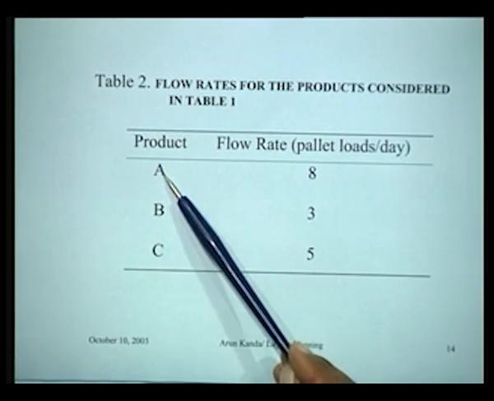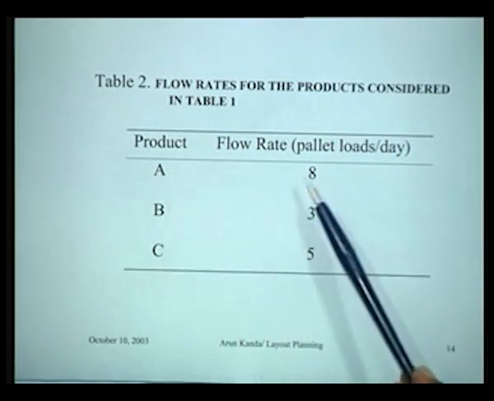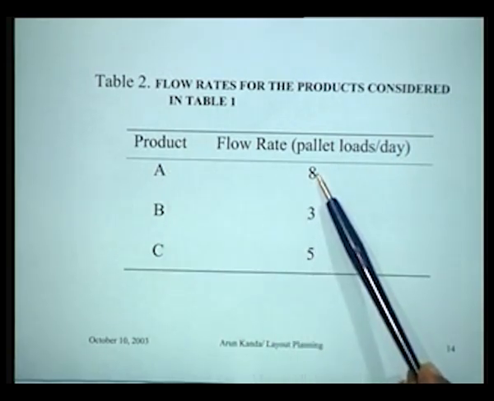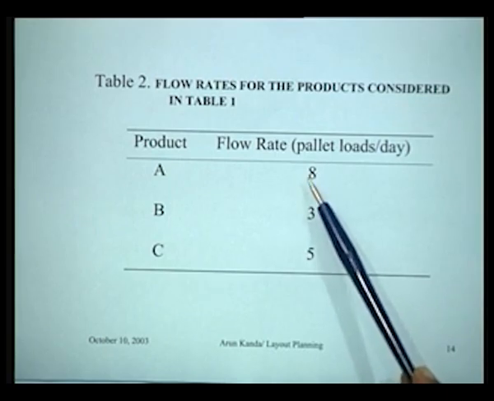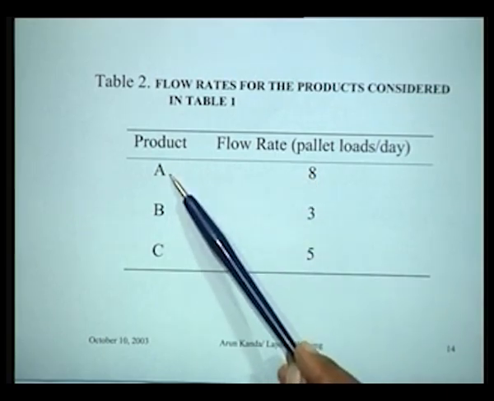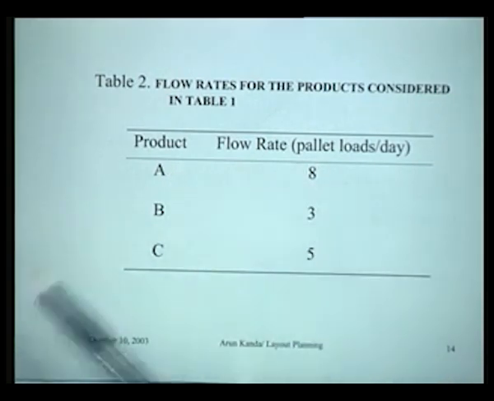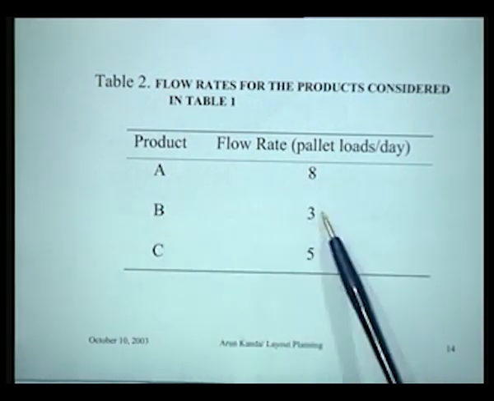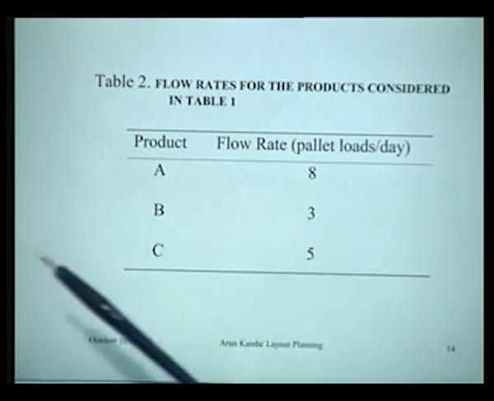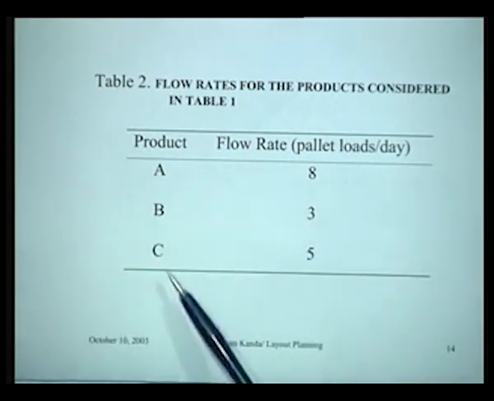So what we are saying is that as far as product A is concerned, we require 8 pallet loads per day in terms of production. This might be something like 160 products or whatever it is, but we are talking in terms of pallet loads. Similarly, B requires 3 pallet loads, which might be 300 components or whatever, it could be different, and C could be 5 pallet loads per day.